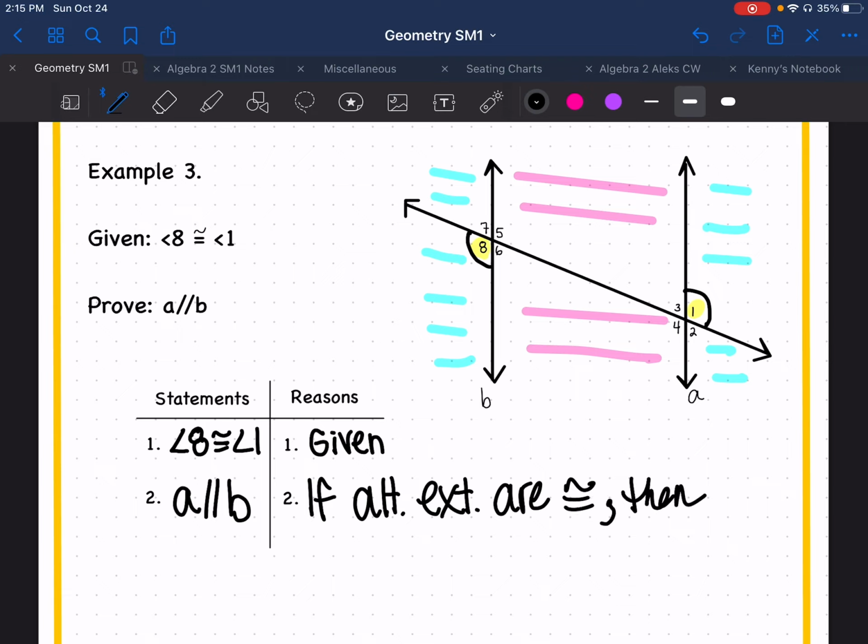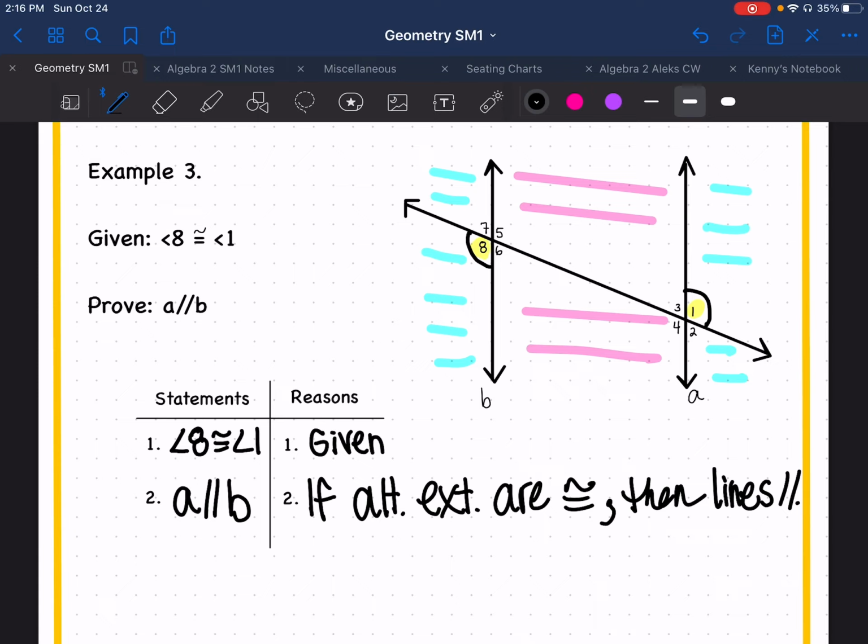So I'm going to say the type of angles that 8 and 1 are. And this is because, take a look, my given is congruent, so my first statement must say congruent. It always has to look that way. You have to have it before the comma. Let me go back to the other one and show you once we finish. Then the lines are parallel.